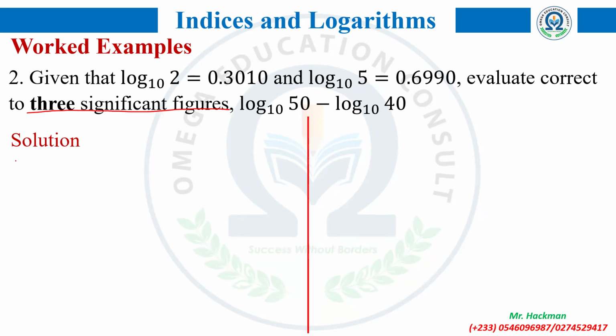So I'm going to write, given, log to the base 10 of 50 minus log 10 of 40. Remember the numbers that we are taking log of, then 5. Do you have any other possible number to consider apart from 5, based on the advice I am giving?